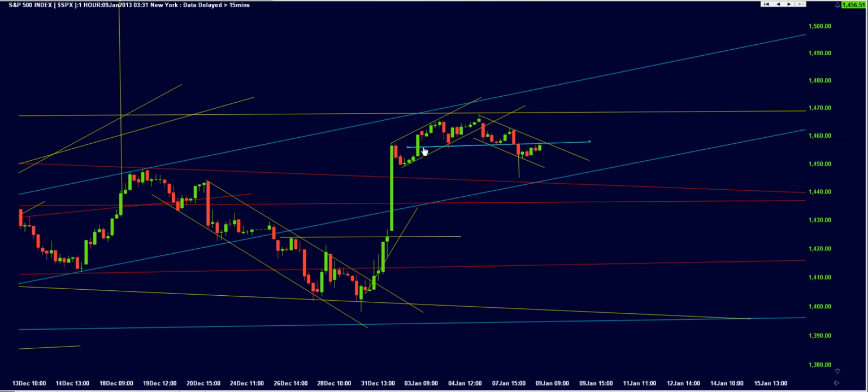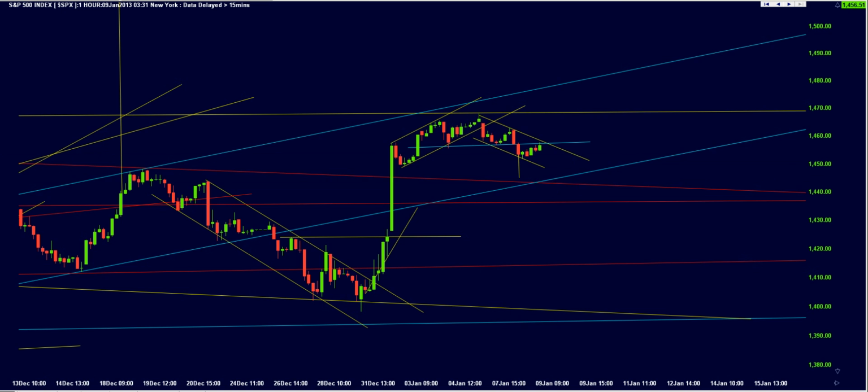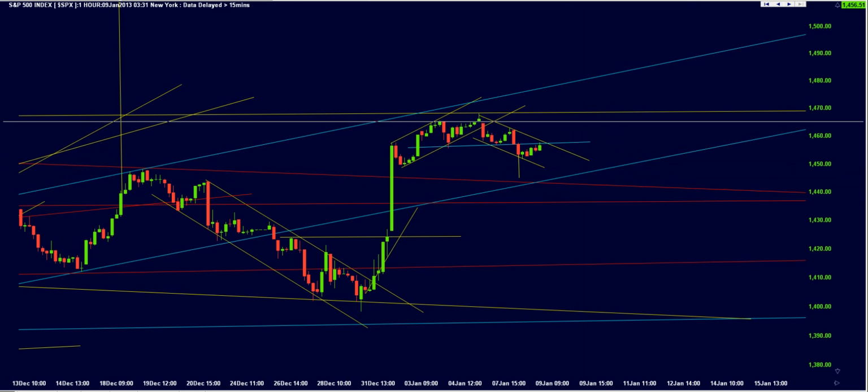But for now, guys, I think there's a small little bearish pattern there that has the ability to push this market down. It would be great to see the S&P 500 come down to this level here, even a tag on this 1440 area or a bit lower, and then be able to come back up and tackle this 1470 area.